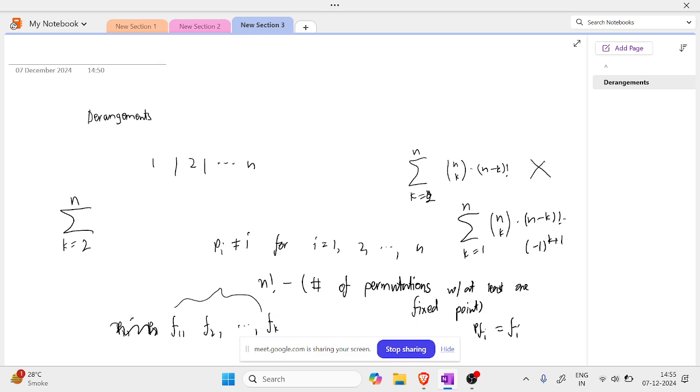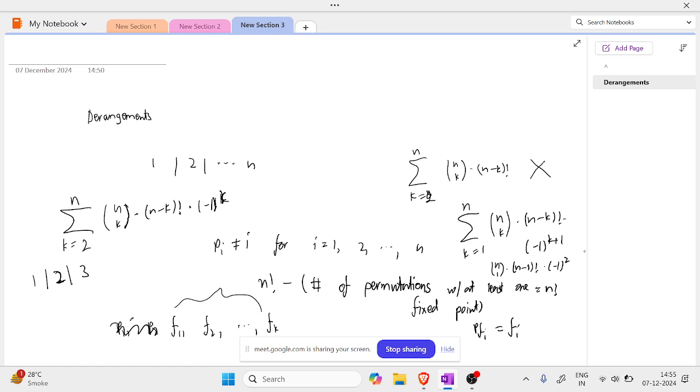Also the first term happens to be exactly n factorial, so it will just cancel out and everything else will stay as it is, except that it gets negated, so instead of k plus 1 I can just write k. So this is your final answer, and let's just check that I didn't do anything weird.